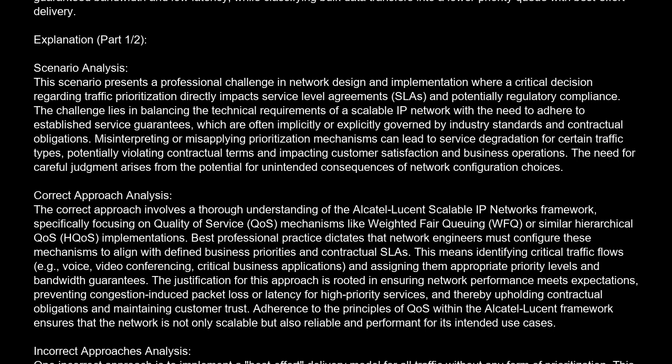Incorrect approaches analysis. One incorrect approach is to implement a best effort delivery model for all traffic without any form of prioritization. This fails to acknowledge the diverse nature of network traffic and the varying criticality of different applications. Ethically and professionally, this is unacceptable as it disregards potential SLAs and the expectation of reliable service for critical applications.